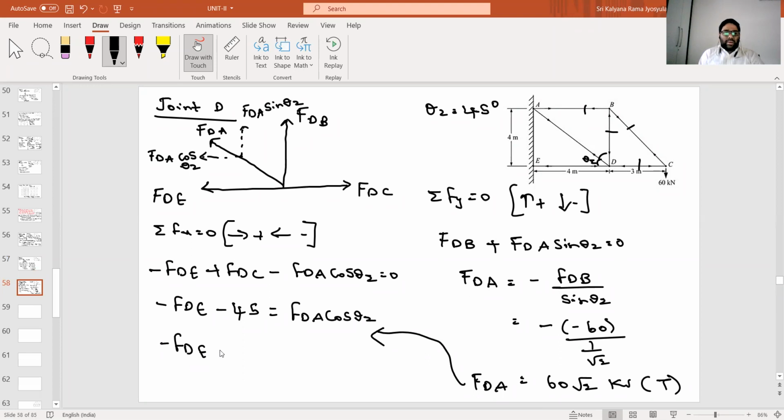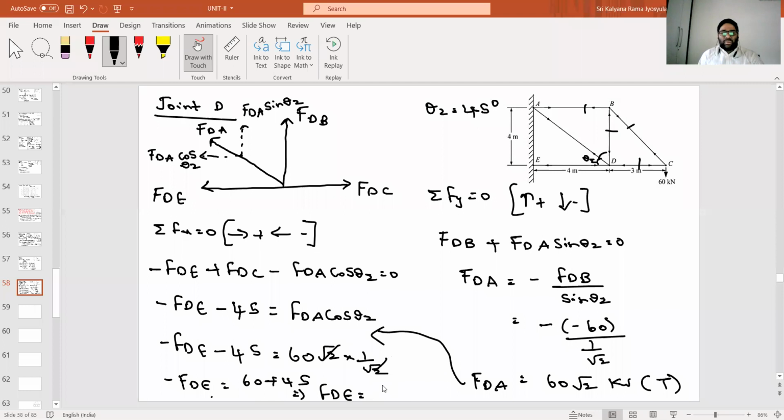Now substitute it here. So minus FDE minus 45 is equal to 60 root 2 into 1 by root 2. Cos theta 2 is again 1 by root 2. So therefore, minus FDE is equal to 60 plus 45 and implies FDE is equal to minus 105 kilonewton, that is compression.